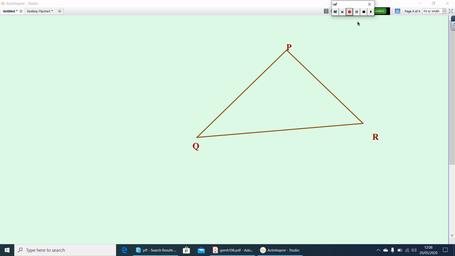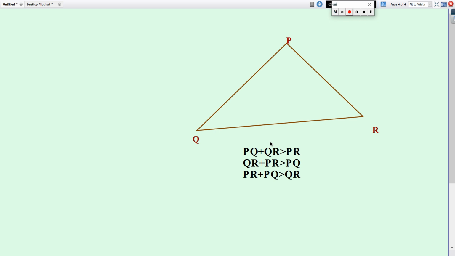So we can write PQ plus QR greater than PR, or QR plus PR greater than PQ, or PR plus PQ greater than QR. This and all you studied in the last class.